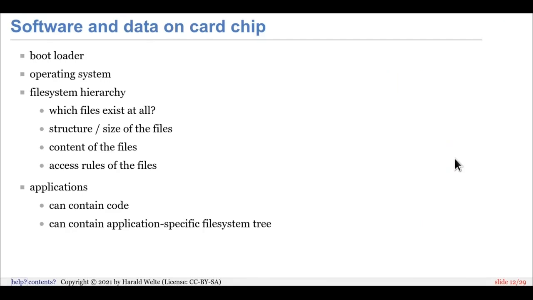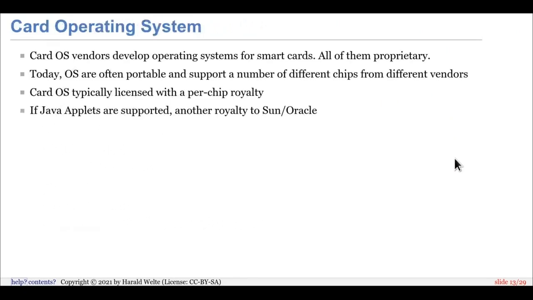And all of this now needs to be brought onto the card. And before we can bring it on the card, we of course have to create or specify or define that all in some way or another. Now, the card operating system, there are card operating system vendors out there for decades that produce operating systems for smart cards.